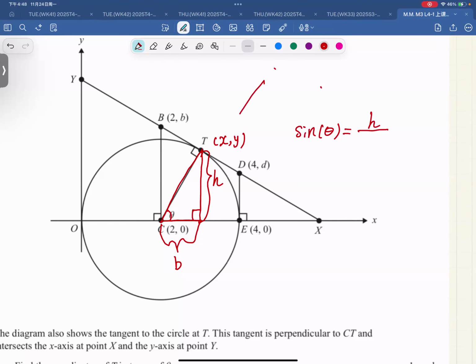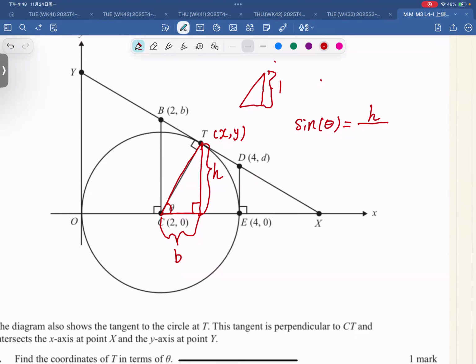Okay, this is the triangle. That's h. That's b. That's theta.